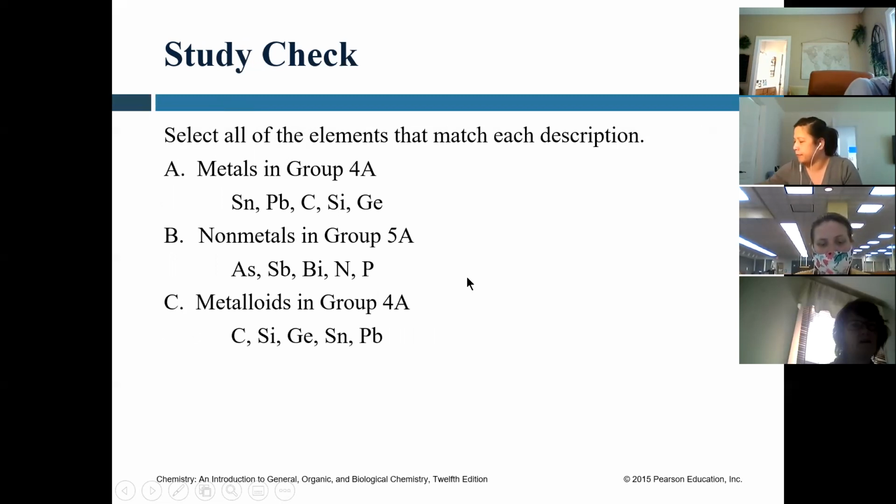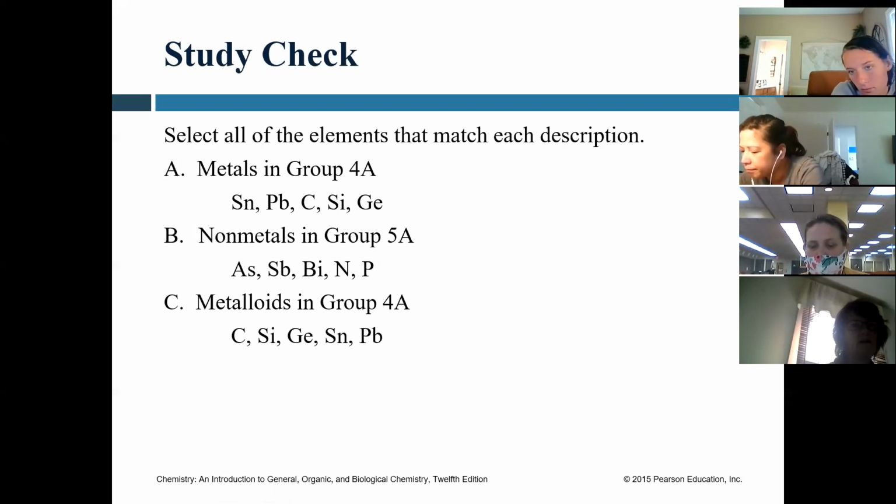So select all the elements that match each description. Metals in group 4A. Okay, so if we go to 4A, that would be carbon. And if we look at carbon's row, the metals are going to be tin and lead. Sn and Pb are going to be the only ones.